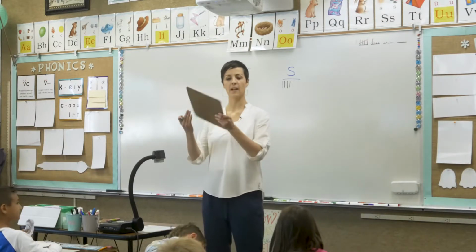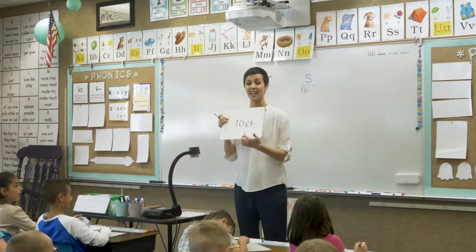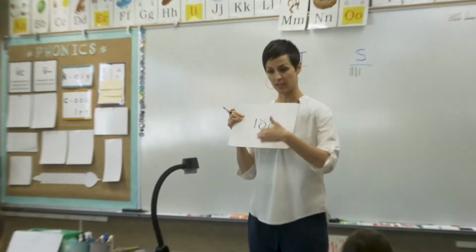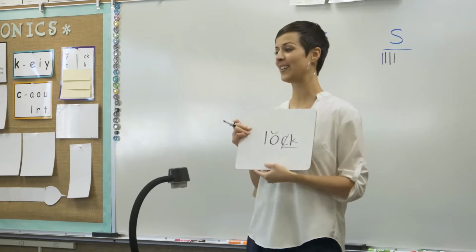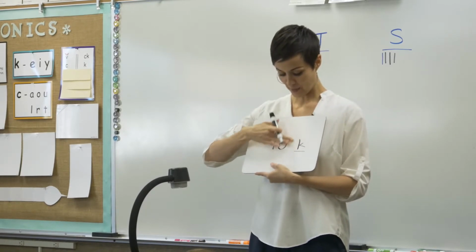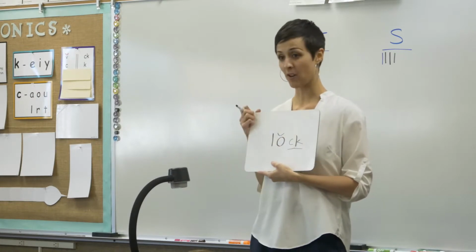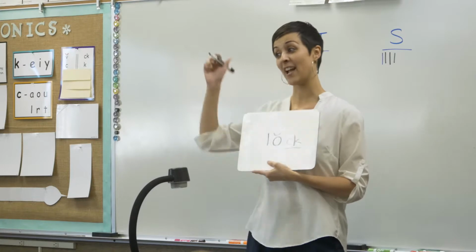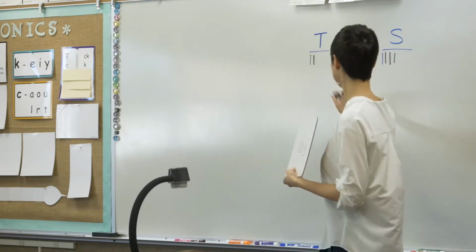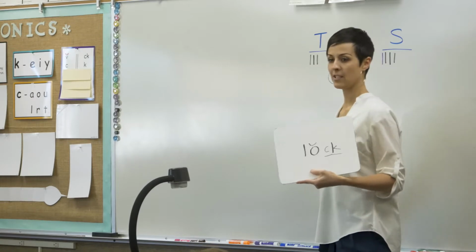Lock should be spelled L-O-C-K. Underline the CK and cross out, breve above the O. Uh-oh, guess what? I had a couple kids that did spell it with CK, but they just put a CK and underlined it without crossing out the C, so it actually doesn't count. It has to be coded correctly, which means teacher gets a point.